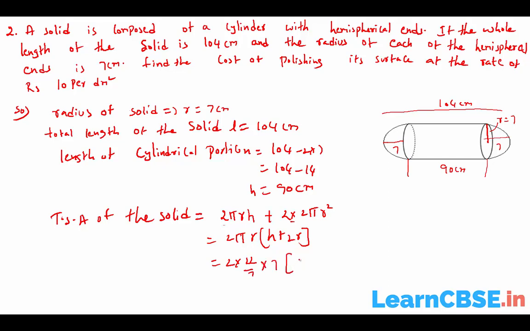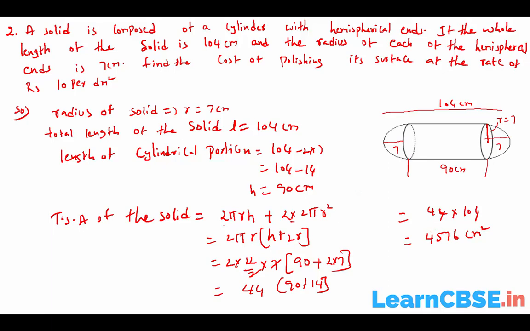What is the h value? 90 plus 2 into r, 2 into 7. 44 into (90 plus 14), then you will get 44 into 104, that is 4576 centimeter square.